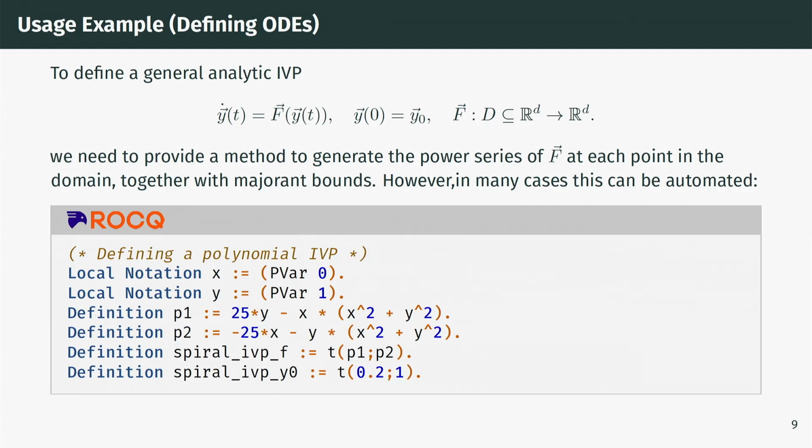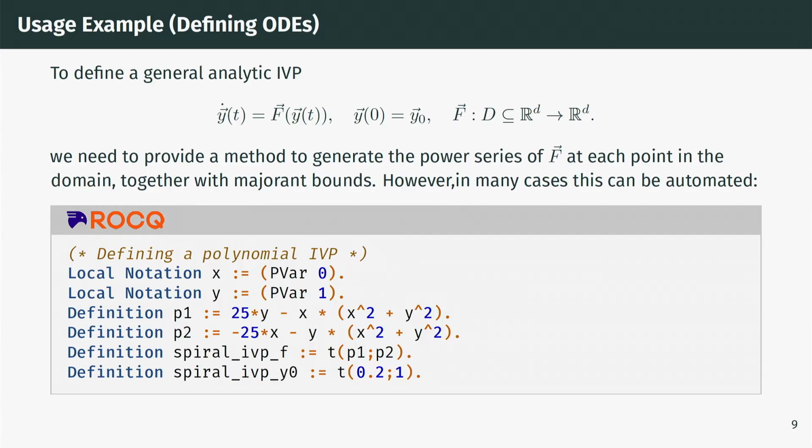Right, and so what can we actually do in Coq with this? Well, the first thing is, how can we define ODEs? So again, there's a few specific things for polynomial ODEs, because polynomial ODEs are easier to define.